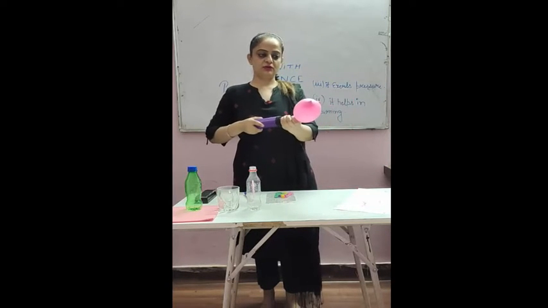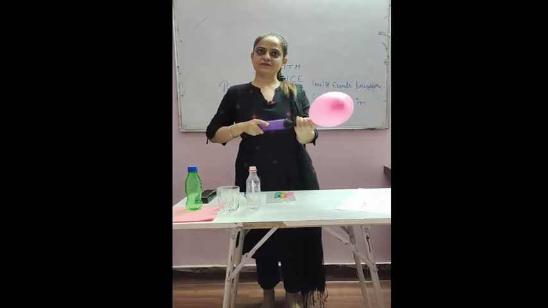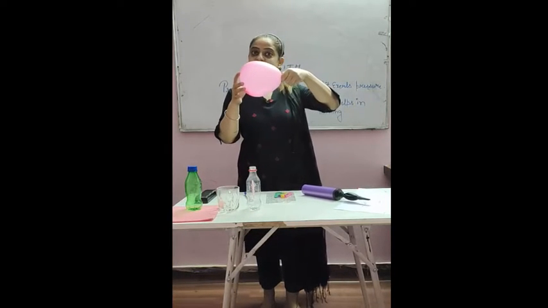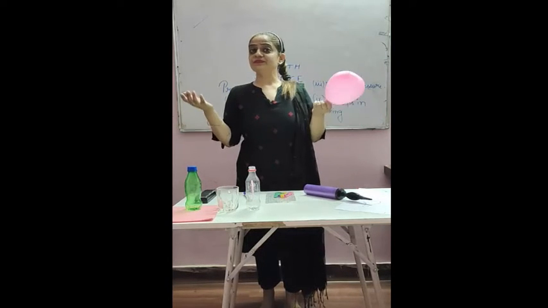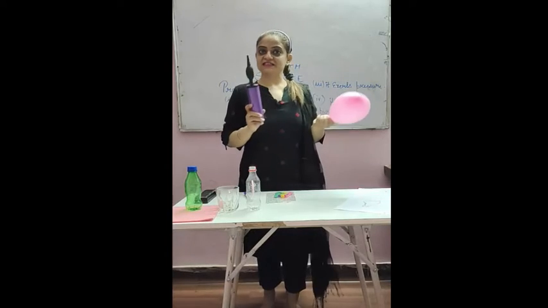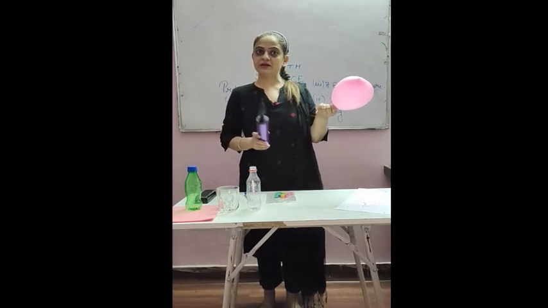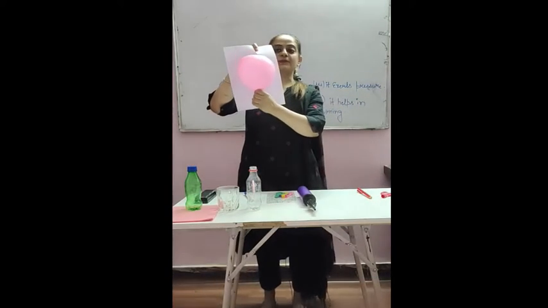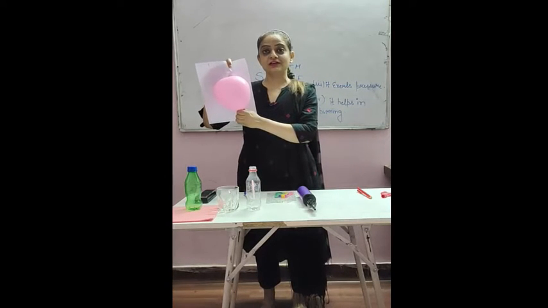Okay, here we go. 1, 2, 3, 4, 5. Now you can all see it has occupied a bigger space. What have I done? Nothing, just filled this deflated balloon with air. If I keep it on this plain sheet of paper, you can very well see that it occupies a larger area.